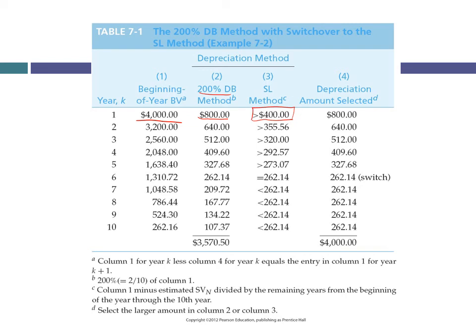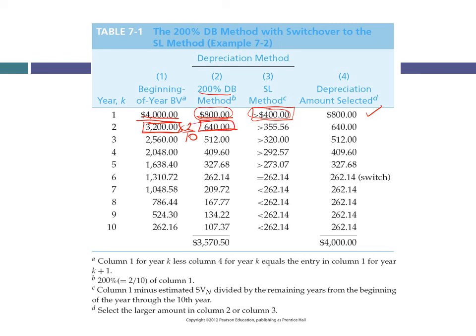Since this depreciation is greater than the straight line method, we use the double declining balance method. So the next book value is the initial book value minus this declining balance, which is 800, and we obtain this. Now look, we calculate the declining balance in the same way. Multiply this by 2 over 10, and we obtain this.